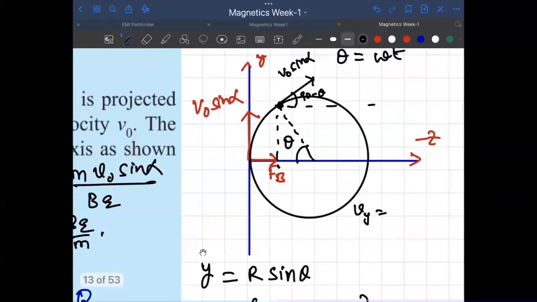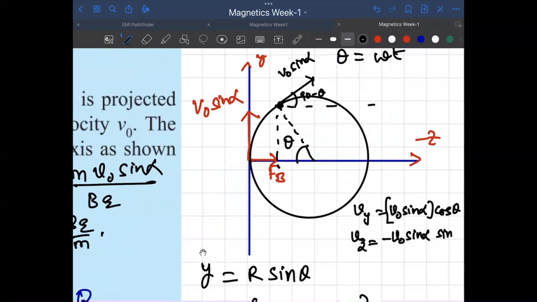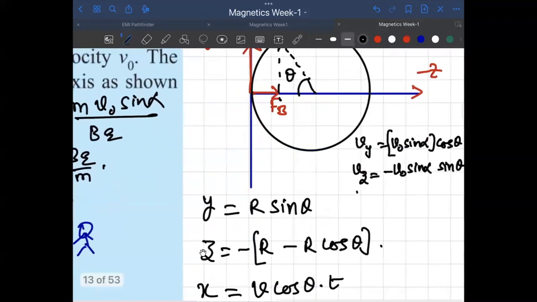Boys, the Vy component is V naught sin alpha cos theta, because it is 90 minus theta, right? The Vz component is minus V naught sin alpha sin theta. The Vx component, foolish thing, is always constant: V naught cos alpha.